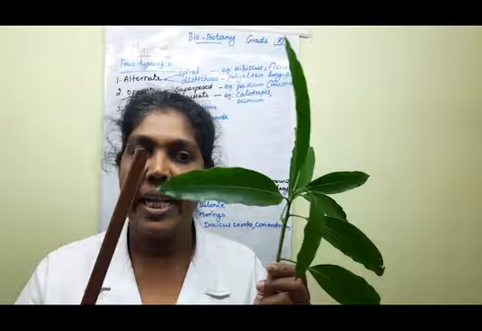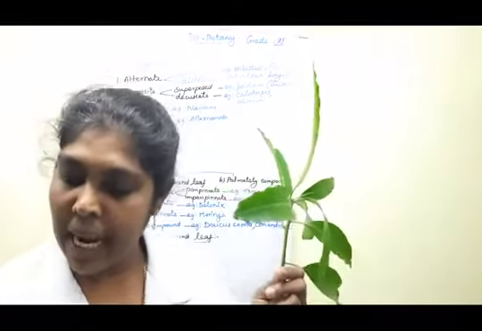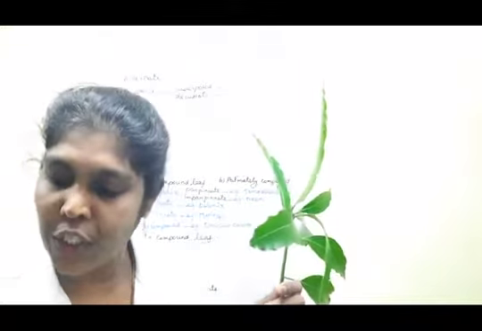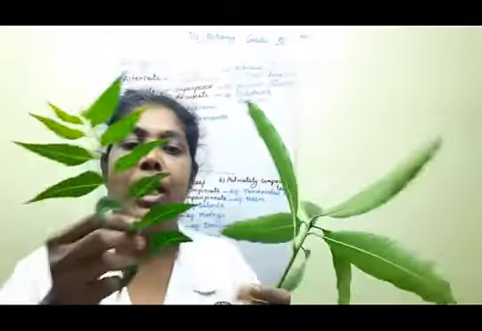Clear? Compared to this, the next type has many leaf laminae, which we call leaflets. Later I will explain what leaflets are. When many leaflets, that is many leaf laminae or leaf surfaces, are present, we call it a compound leaf.